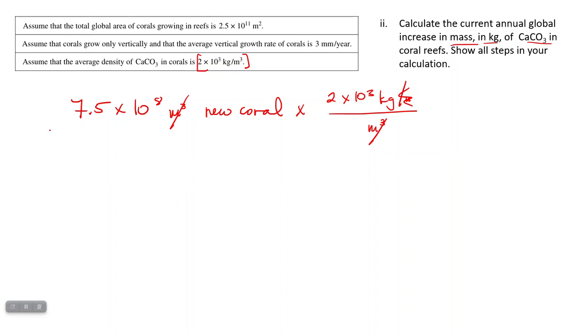So then I can go ahead and multiply these numbers. Oh, and by the way, I know I skipped away from the last slide, but it was basically going to be, pretty sure, 750, not 1,000, million. So 750 million meters cubed of coral, if you were writing it out. The ultimate answer here is going to be 1.5 times 10 to the 12th kilograms of calcium carbonate.